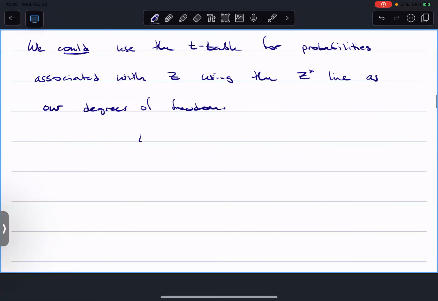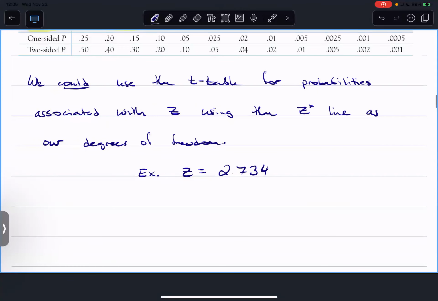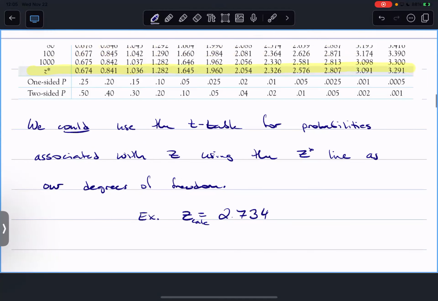So for example, if you calculate that your Z is 2.734, I don't know. I'll put a little calculated here. Just to emphasize that I made it up, but also something that you've calculated. What could you do? You could take your 2.734, or let's show off, let's make it negative.